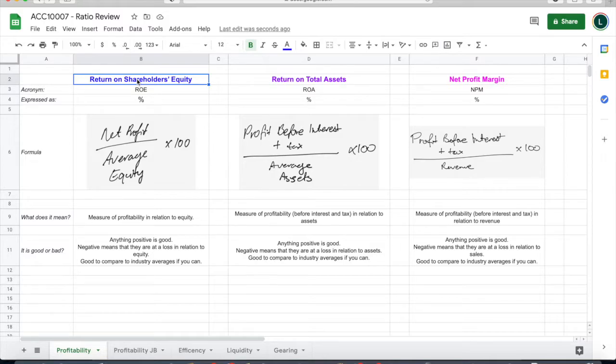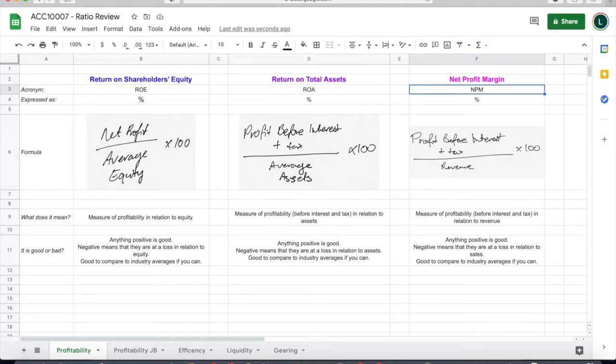So we've got our 3 ratios, which is our return on shareholders' equity, return on total assets, and net profit margin. We've got the acronyms that you can use here: ROE, ROA, and NPM. They are all expressed as a percentage. And just before I jump into the formula, just figuring out what do all these mean.